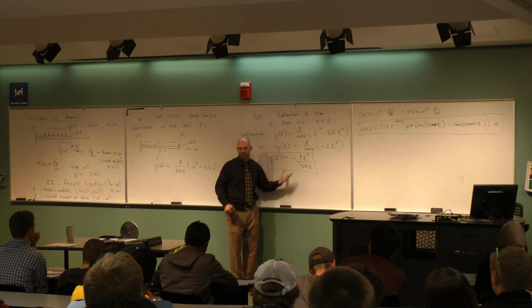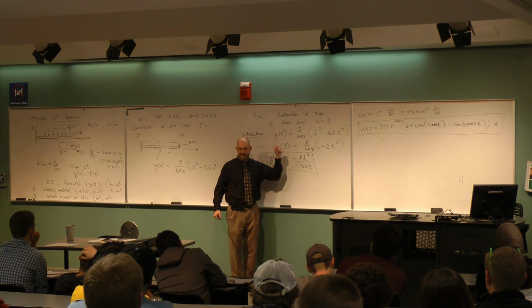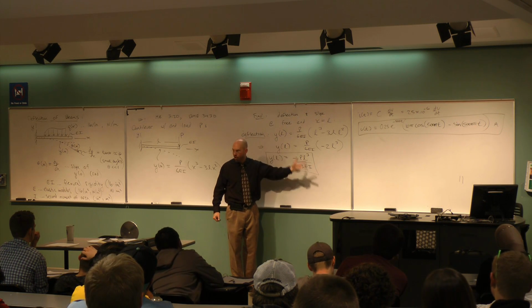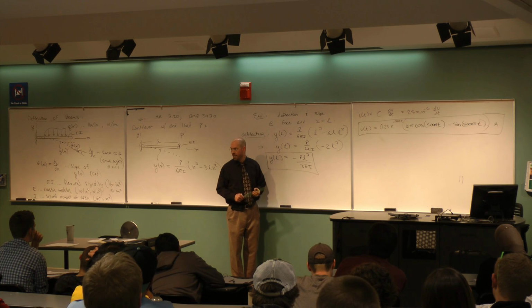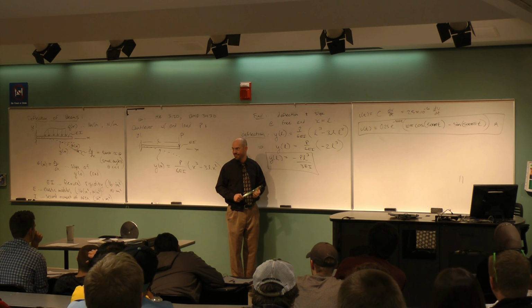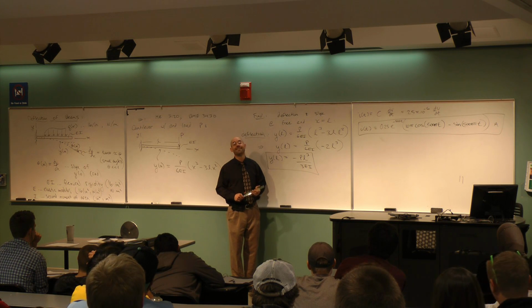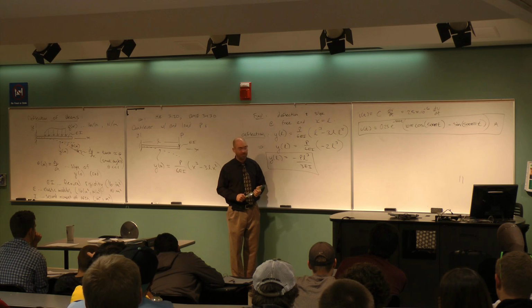Once I have this answer, it's the answer for any beam with a load on the end, any material, any length, any cross-section. So if I cut the length in half, how much does the deflection change? By an eighth. 8 times less deflection.